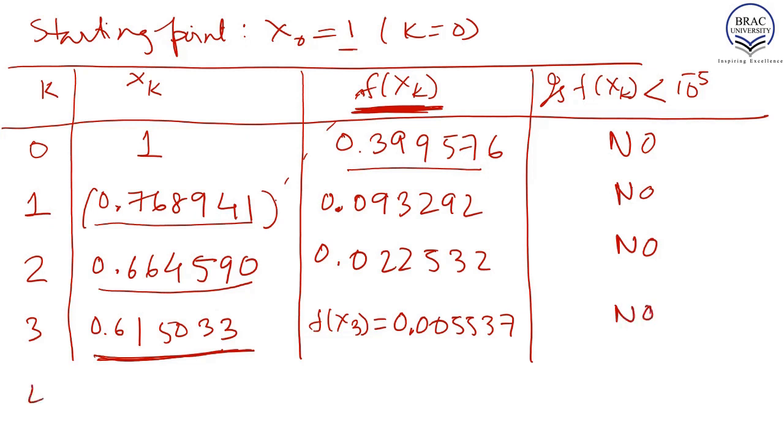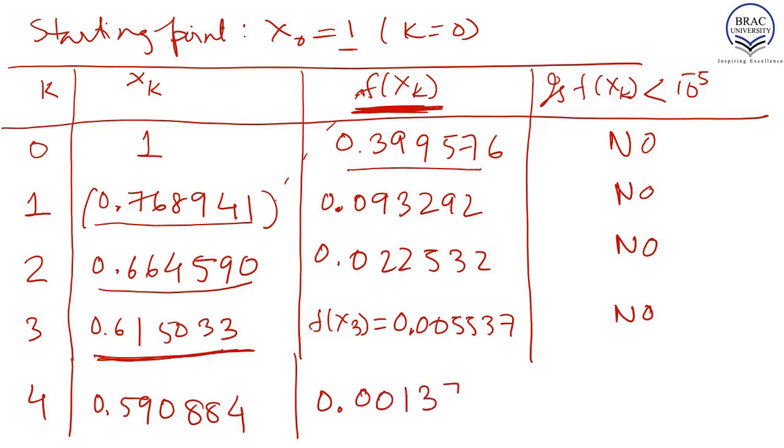I compute the fourth iteration point, and then you get 0.5908884. Again, that will be f of x4, the fourth iteration point, which will be 0.001372. Again, it is also no. Okay.